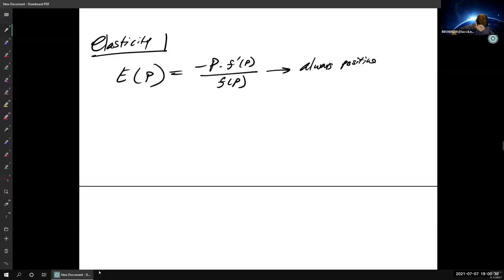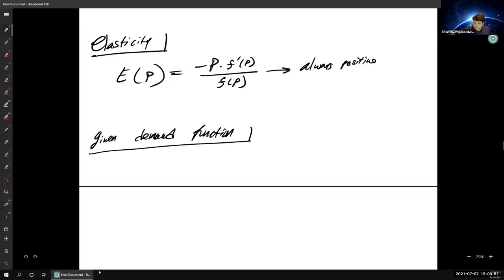Okay, so let's do an example with one of these. Given a demand function, x equals 500 times 20 minus p. We're going to go through a couple parts here.